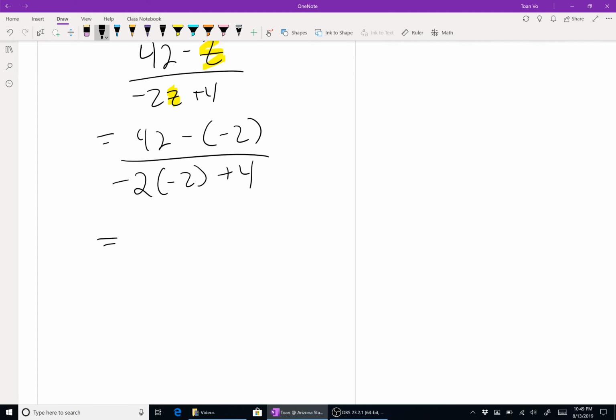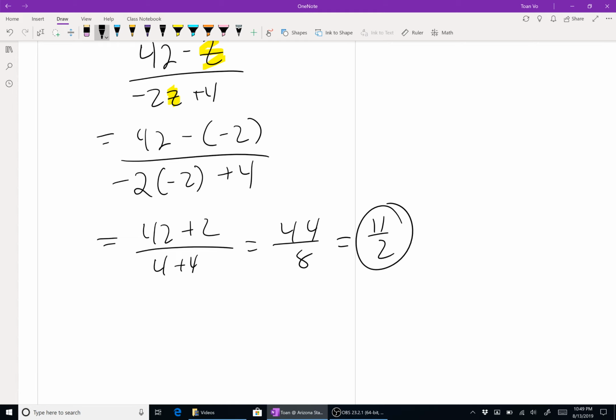Do math. In the numerator, a negative makes a positive, so that's 42 plus 2 over negative times a negative is a positive. So negative 2 times 2 is a 4, and then 44 over 8, which reduces to 11 halves.